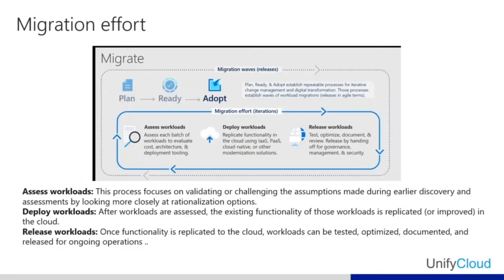Let's talk about the migration effort, and how we build migration efforts. The effort required to migrate a workload generally falls into three types of efforts or phases, whatever you want to call them: assess a workload, deploy that workload, and release that workload.